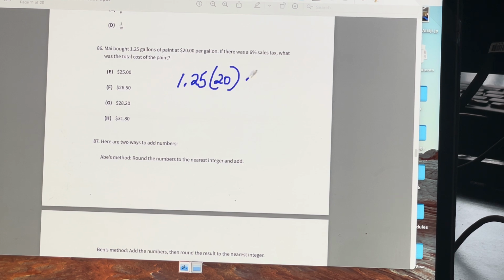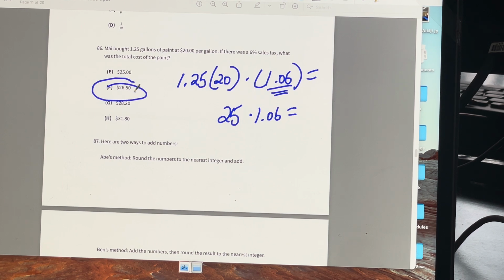And then times 1.06 to give you the total, right? Because this is the total plus the tax. So let's find out what 1.25 times 20 is first. That's $25. And then multiply that by 1.06. And you get 26.50, which is F.